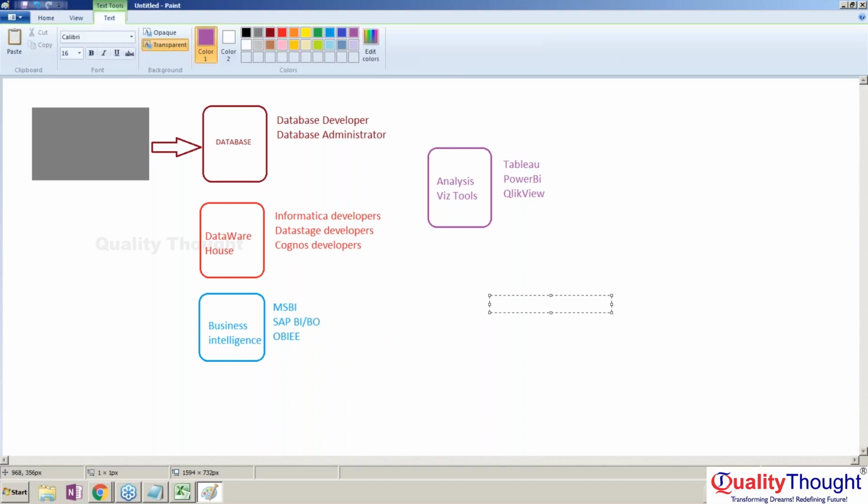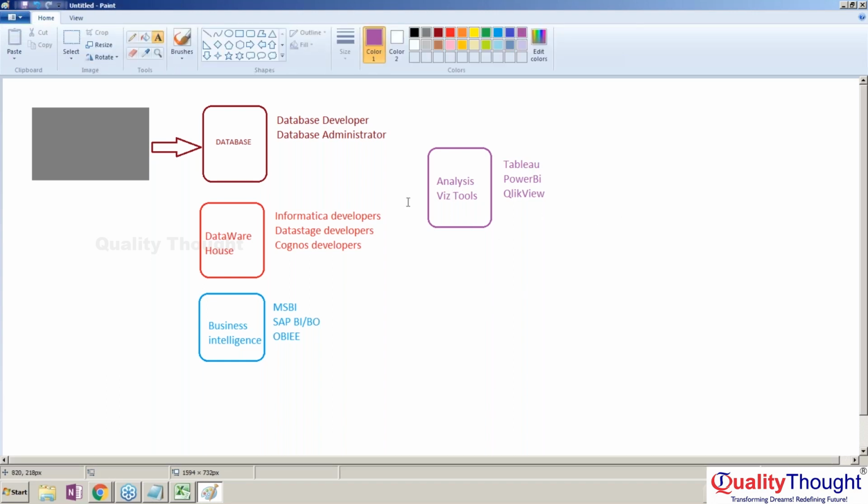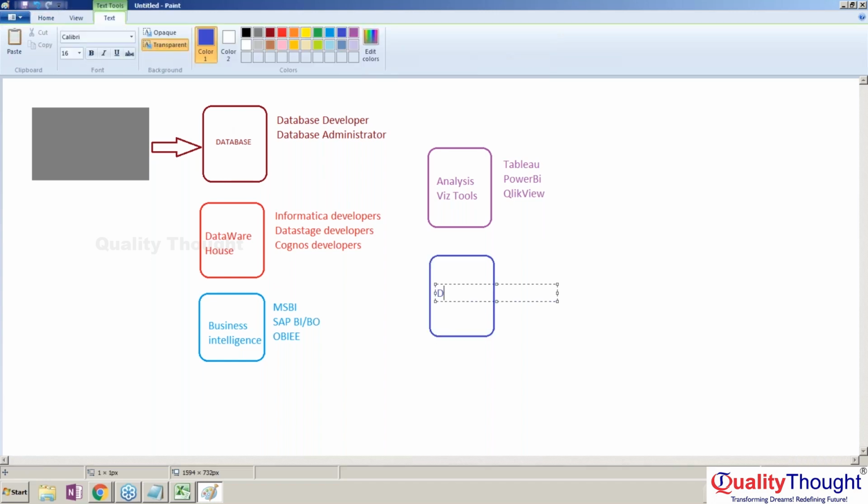And we have one more thing that we can talk about, which is called data science. This data science related technology will be used to work with machine learning.